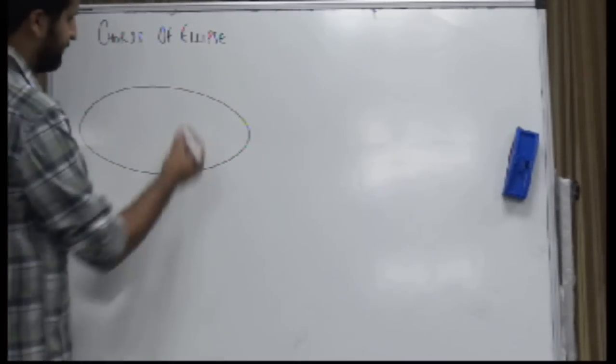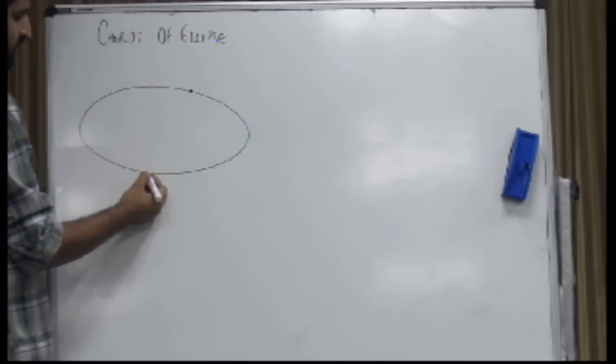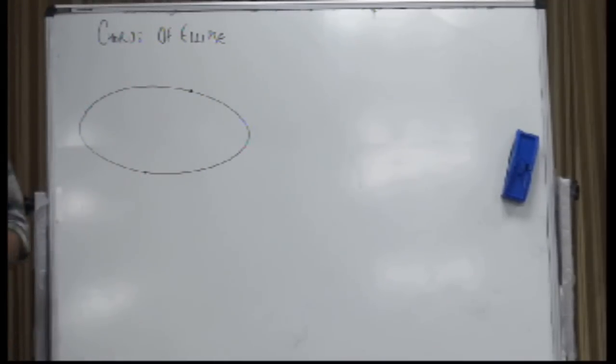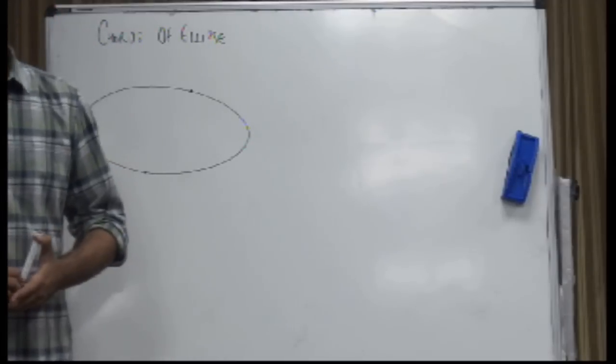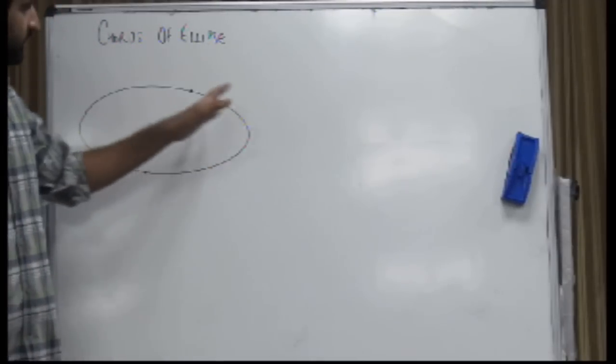It will be very easy if you get these 2 points. If you know these 2 points on the ellipse, then you can easily put the equation of the line in 2-point form.